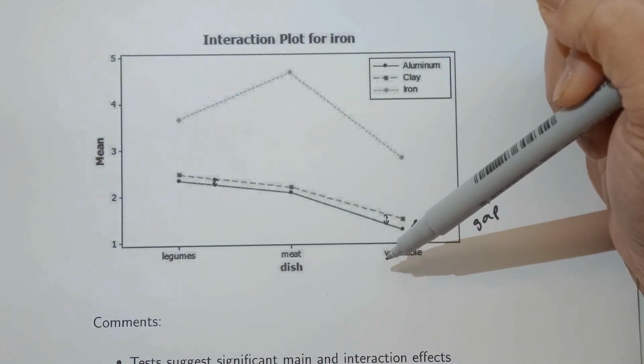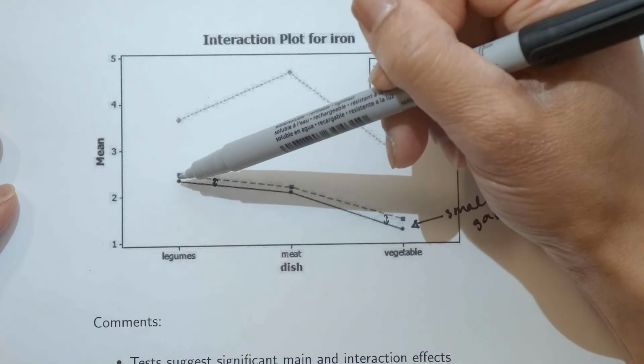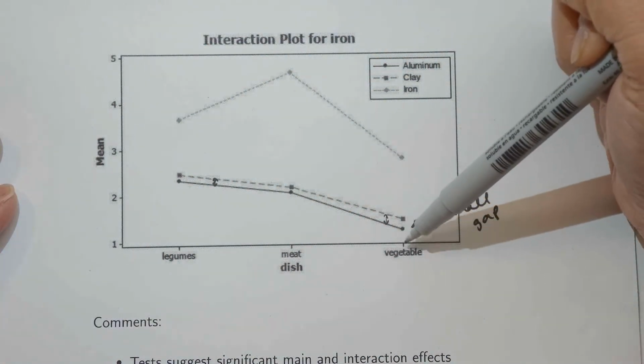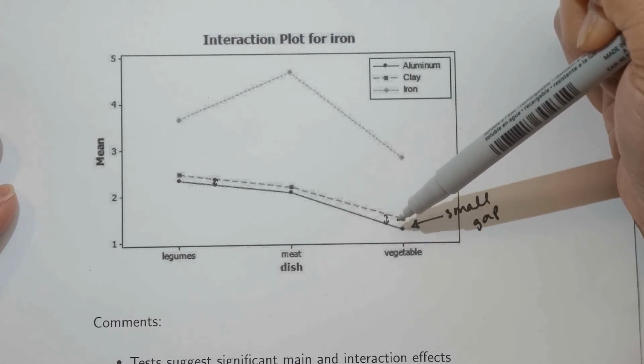So that's the only reason they're ordered in this particular way. But what we can see is that legumes are the highest, meat is a little bit less, and vegetable seems to be the lowest. It has a little bit more of a dip.